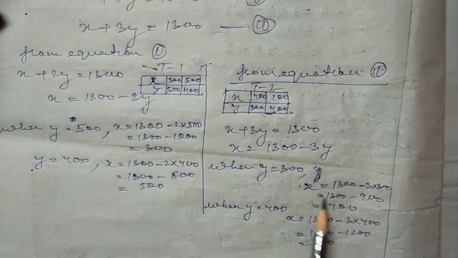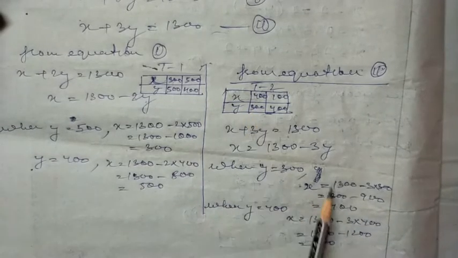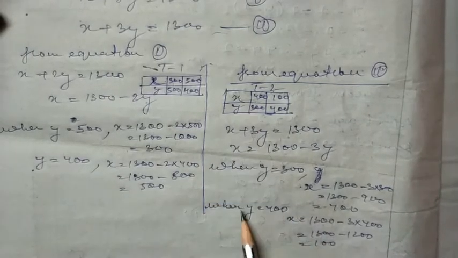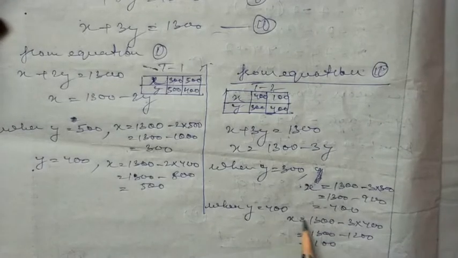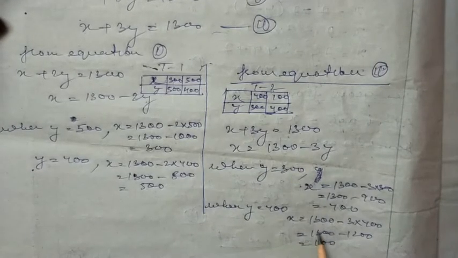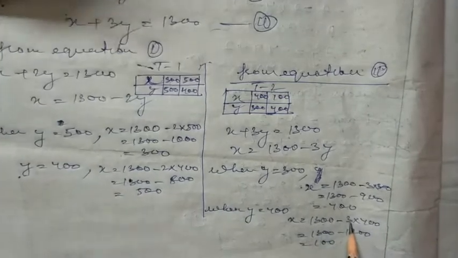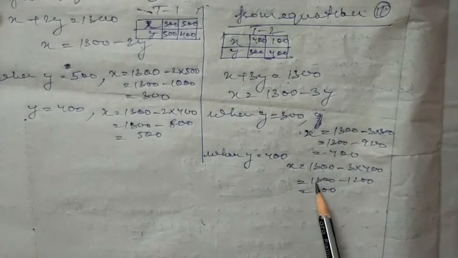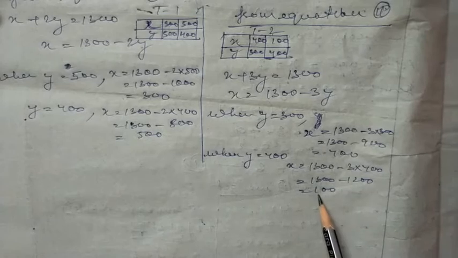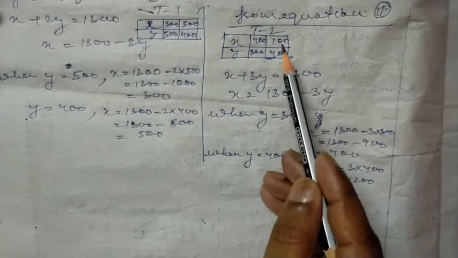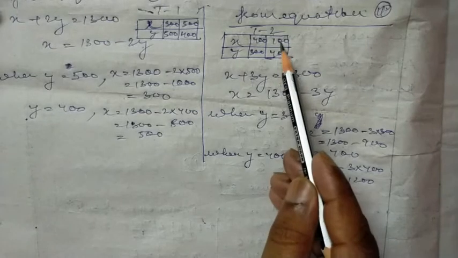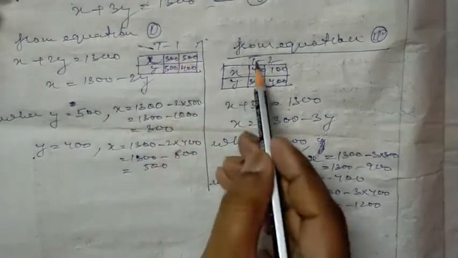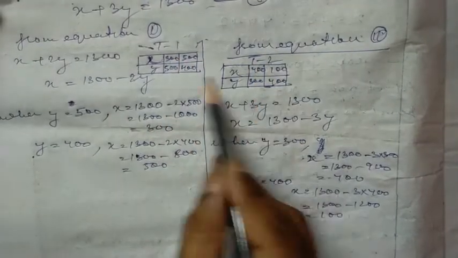So when y is 300, we got x as 400. When we take y as 400 in this equation, then 1,300 minus 3 into 400, which is 1,200. 1,300 minus 1,200 is 100. So when y is 400, we got x as 100. So this table 1 and table 2, we have to put on a graph paper.